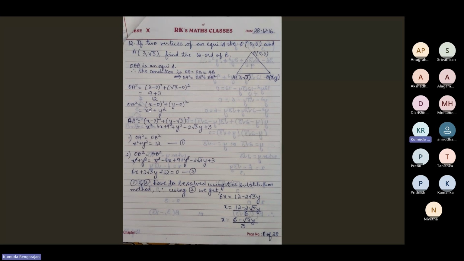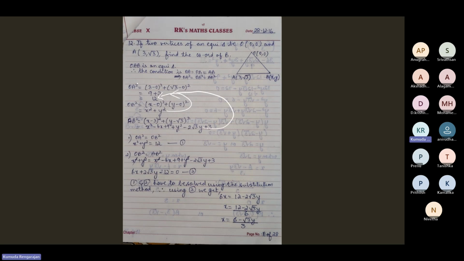So here you can see that this one is x square plus y square, and this one is also x square, y square, 6x and all that. So we've equated these two. Here, OB square is equal to AB square. Then it's easy to equate these two, no?